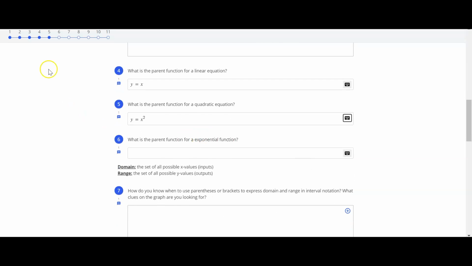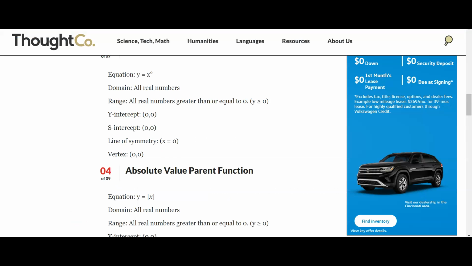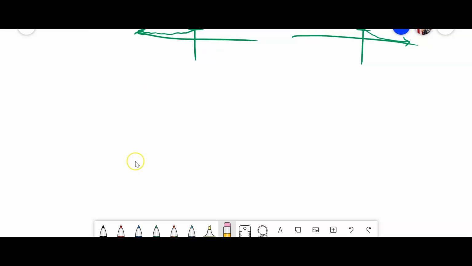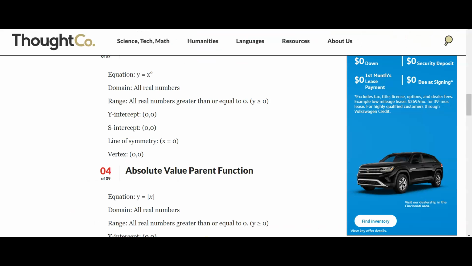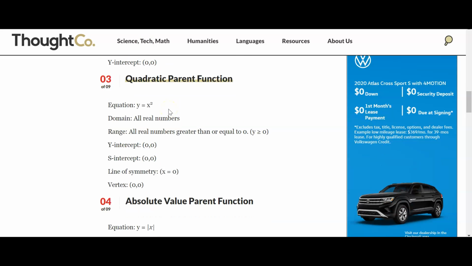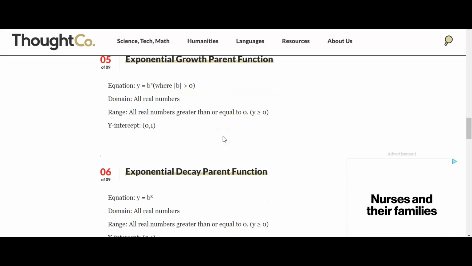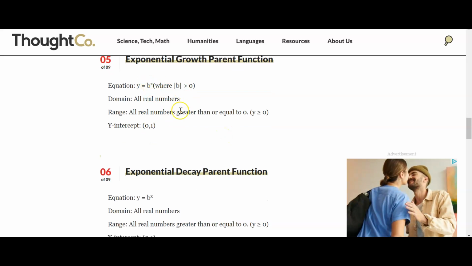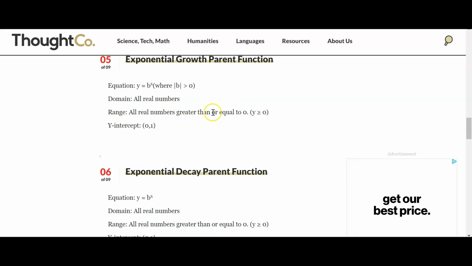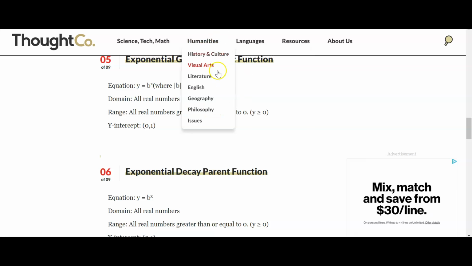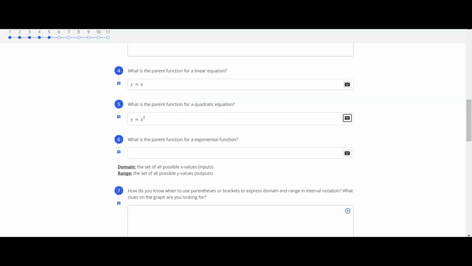What is the parent function of an exponential function? All right, exponential growth parent function and decay parent function is when it says b to the x, where b is greater than 1 or less than 1.